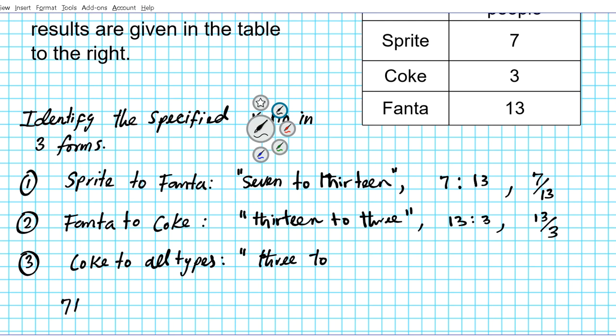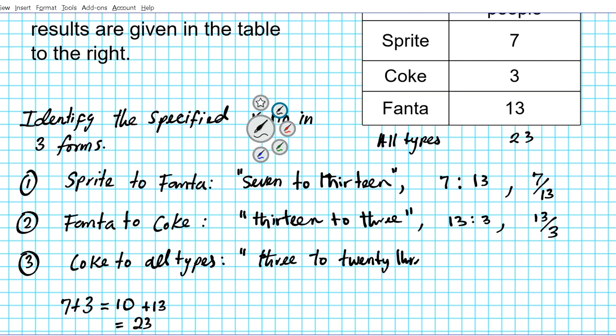So 7 plus 3 is 10, and then we add on 13 to that. 10 plus 13 is 23. All right, so all types is going to be 23. All types is the sum, which comes out to 23. All right, so the ratio of Coke to all types is 3 to 23.